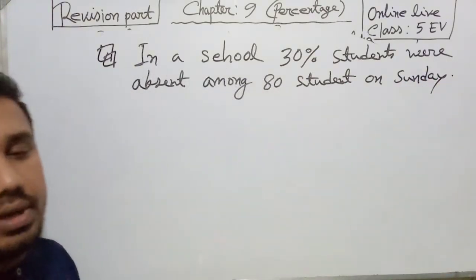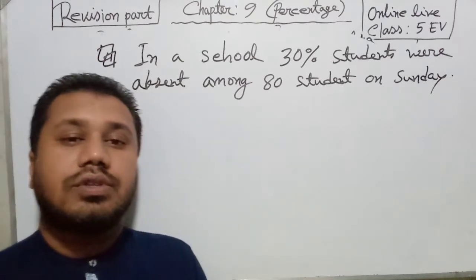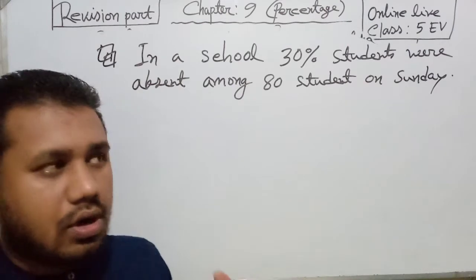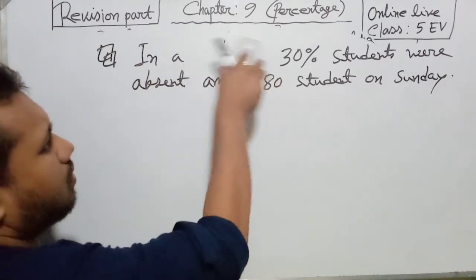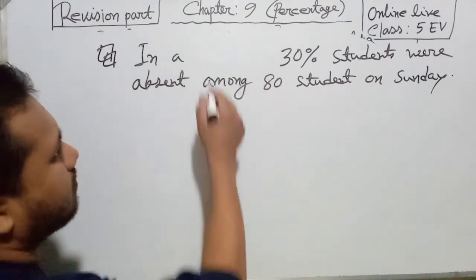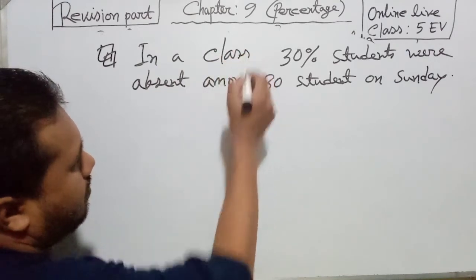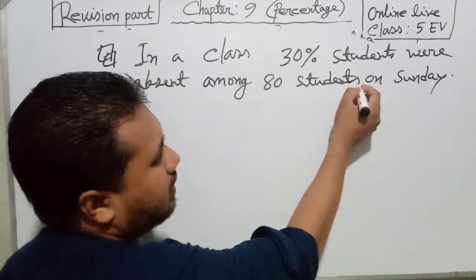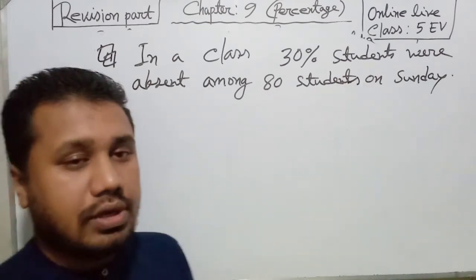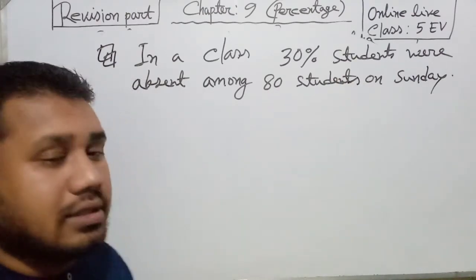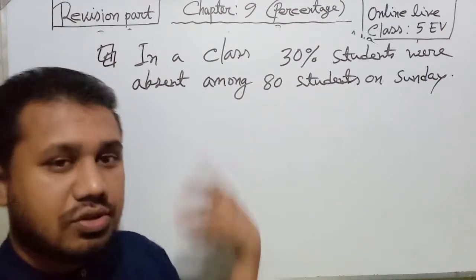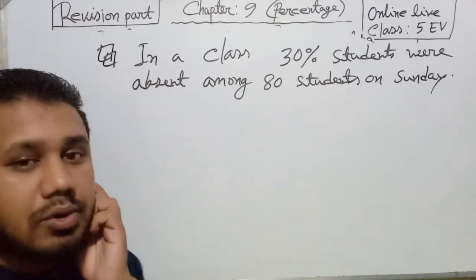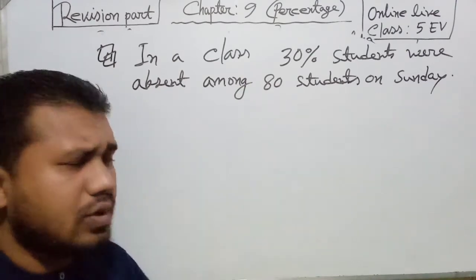Suppose this is our stem. That means in a school, or we can say in a class, because 80 students. In a school we know there are more students, but some schools have 80 students or less than 80 students. So in a class 30% of students were absent among 80 students on Sunday.